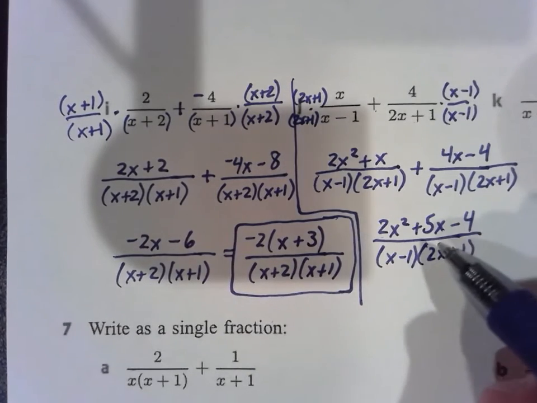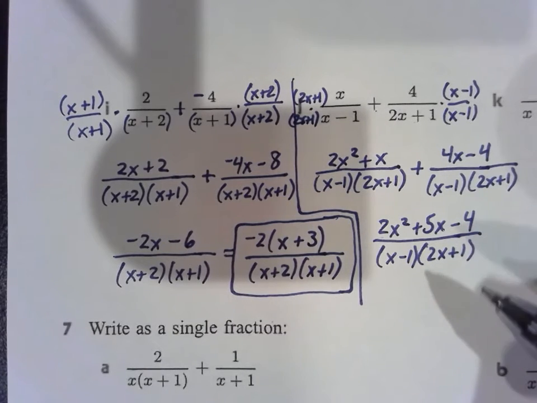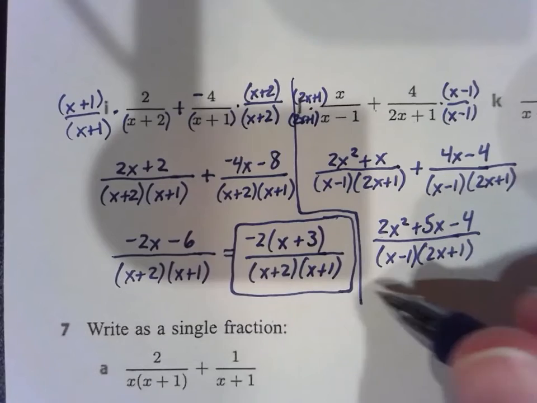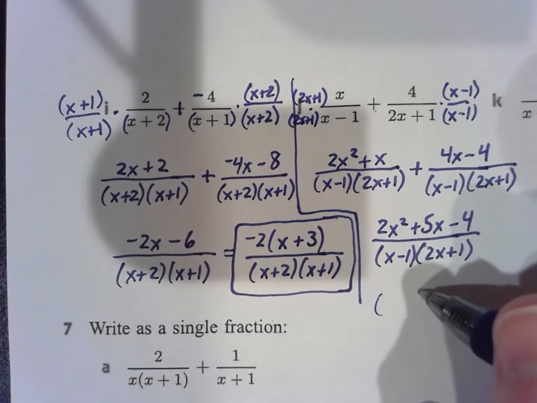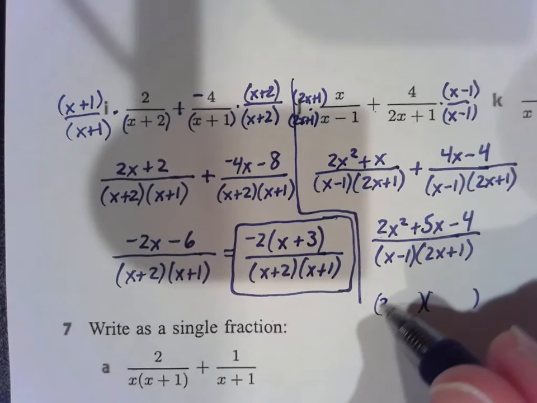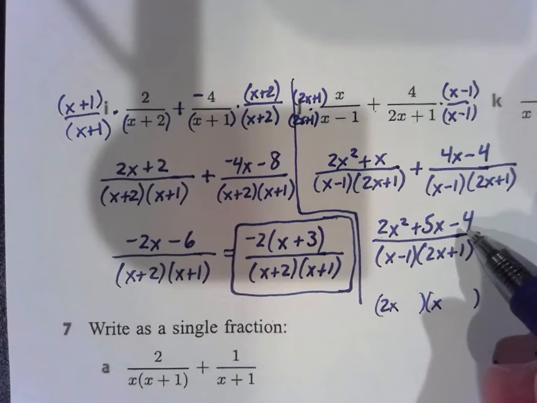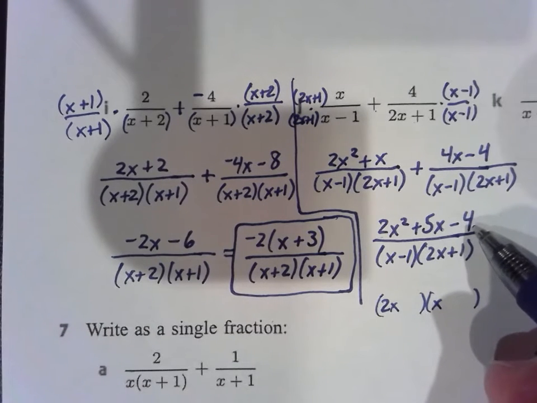So now I want to see, can I factor the top? 2x squared plus 5x minus 4. And so I'd set up my parentheses. I need 2x times x, and I'd either need a negative 4 and a 1, 4 and negative 1, or negative 2 and positive 2.